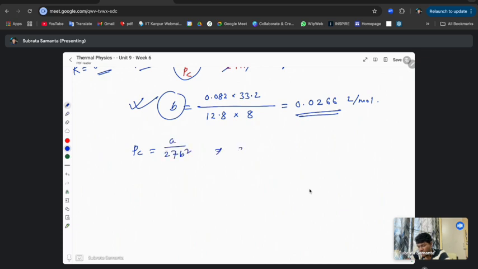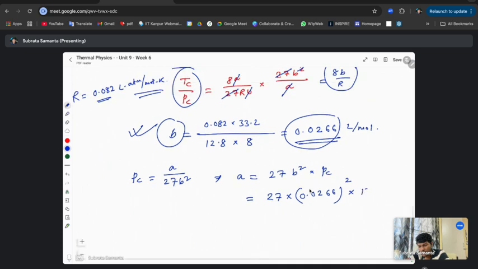Therefore a equals 27 b square times PC. I already calculated the value of b, so just plug in these values. So 27 times 0.0266 square, and then PC, whose value is 12.8 atm.